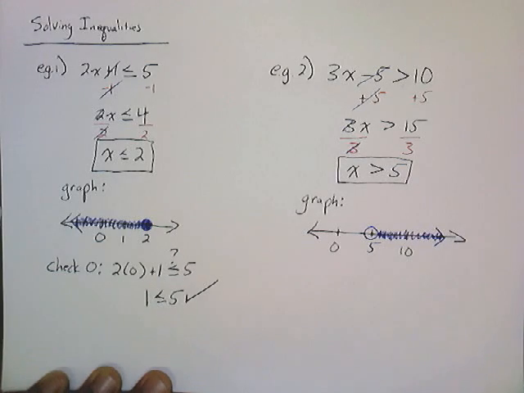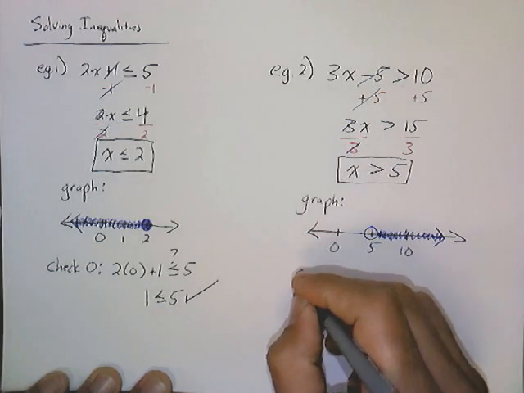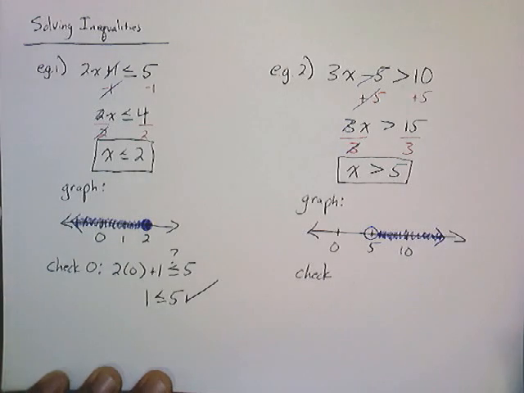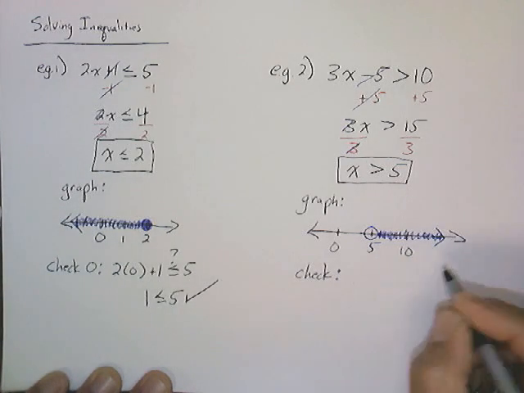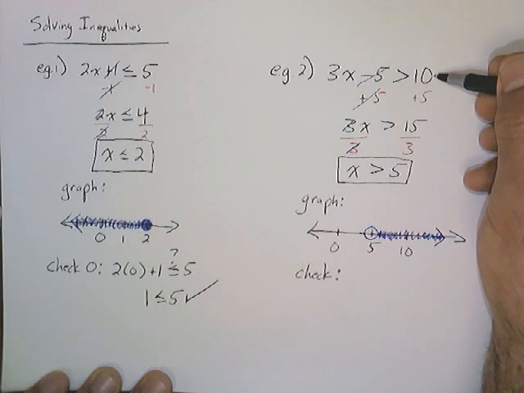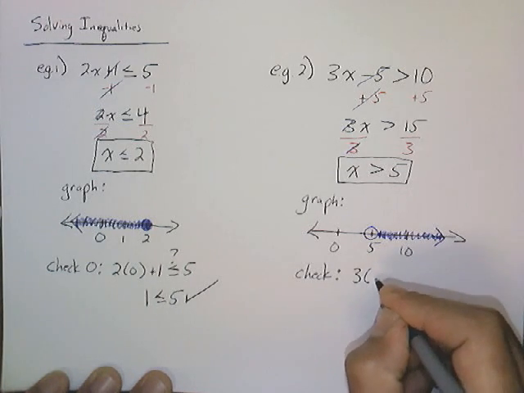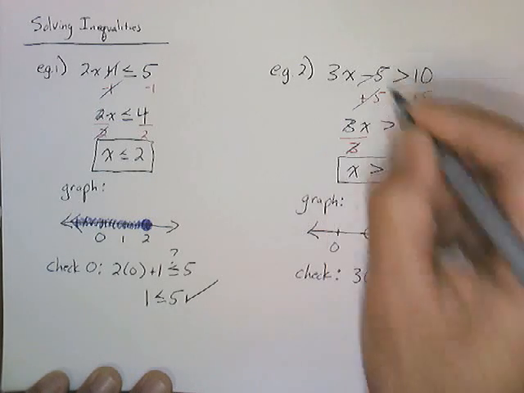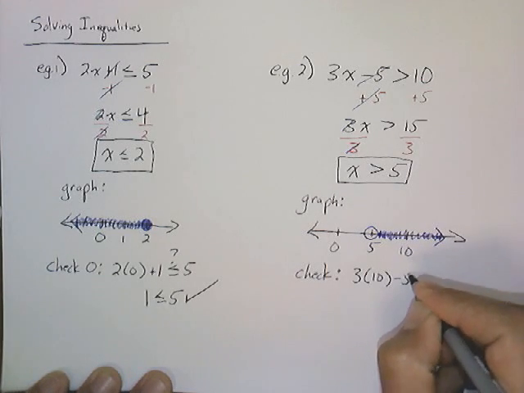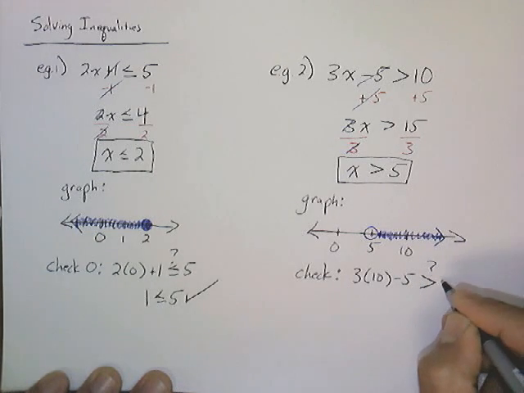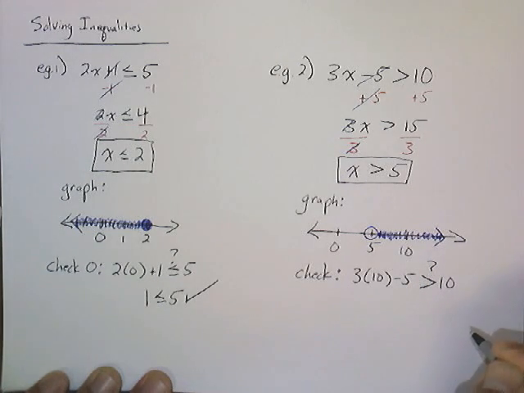But we just want to check to see if we did this right. So we'll pick an easy point out here. 10 is pretty easy to work with. I like that one. So let's check to see if 10 makes the original inequality true. We plug that in: 3 times 10 minus 5. And we ask ourselves, is that actually greater than 10?